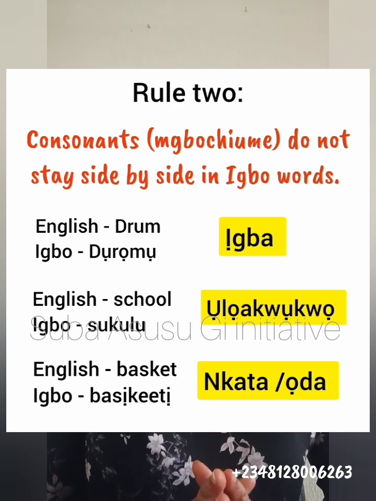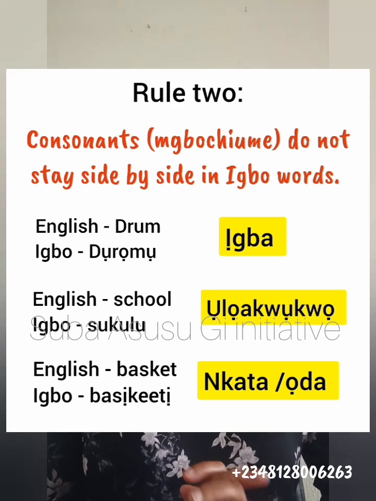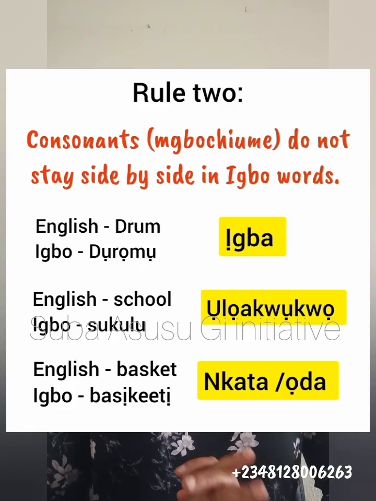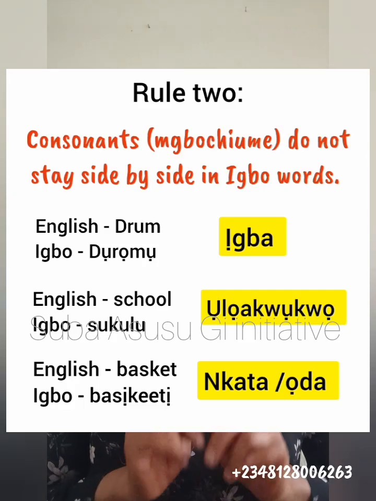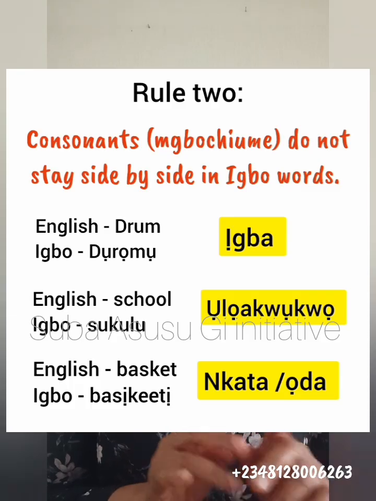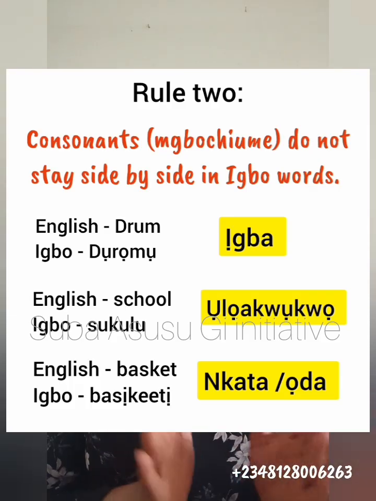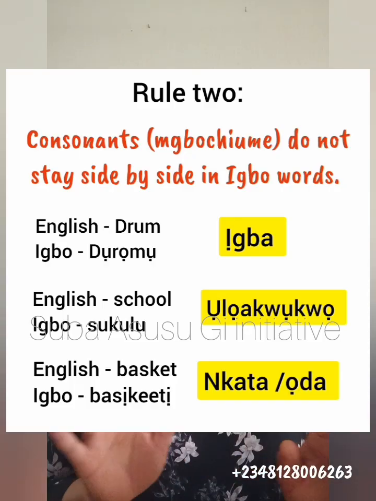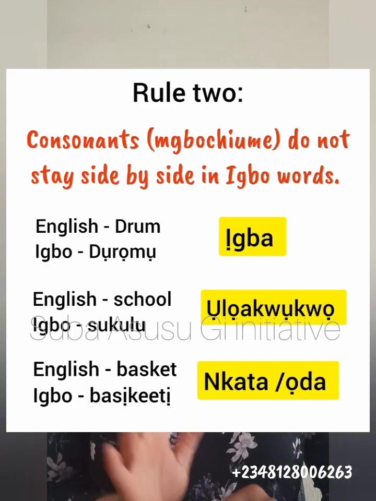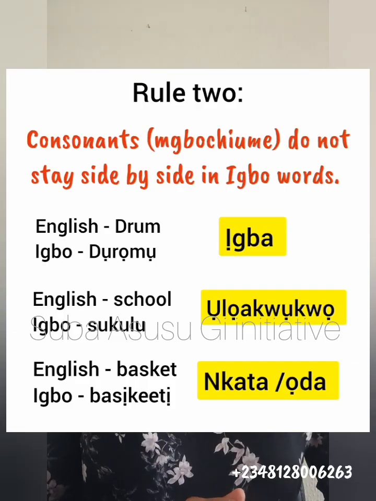So we have some words on the screen. The first word we have is drum. Drum is an English word. You can see two consonants, D and R. I'm not using D and R because I'm talking about an English word. So you have D and R staying side by side in the word drum. It is okay because it is English. But in Igbo, we don't have words like that.